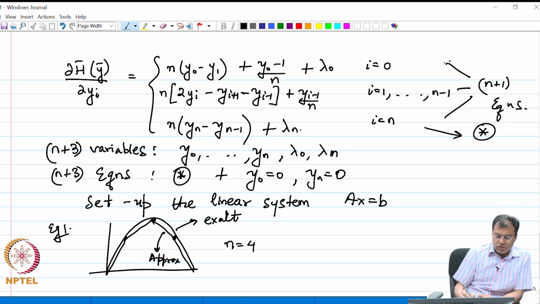So, the approximate solution satisfies the value of the exact function only at 5 different points, including 2 at the boundary.